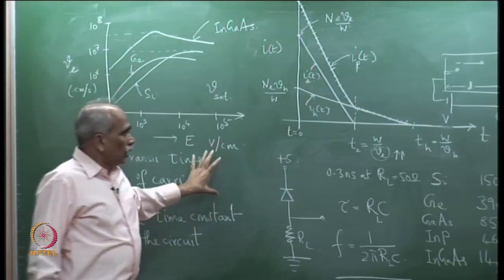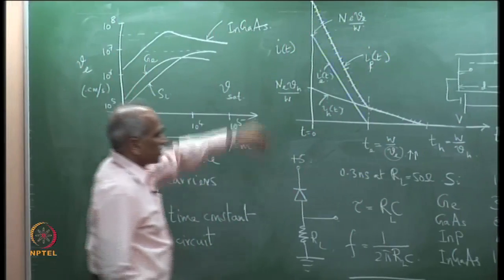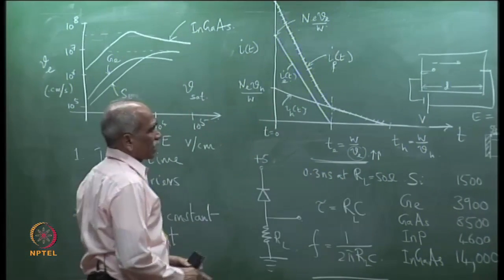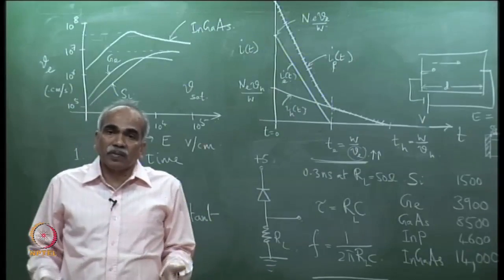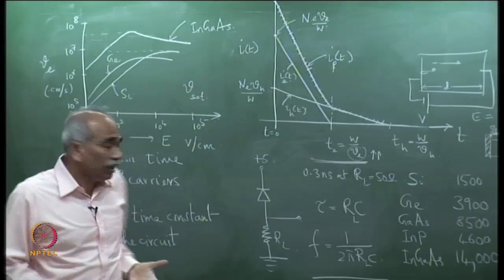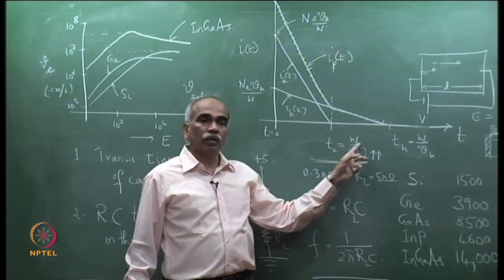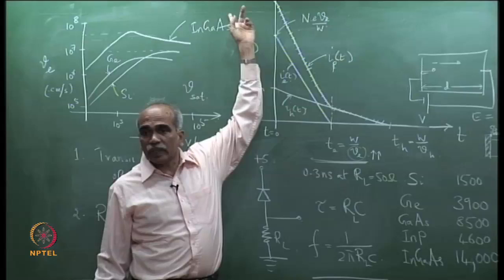So, to summarize this impulse response, with these discussions what we have seen is impulse response can be made very narrow, or the speed of response can be very high, if you operate with a velocity corresponding to the drift velocity, saturation velocity.